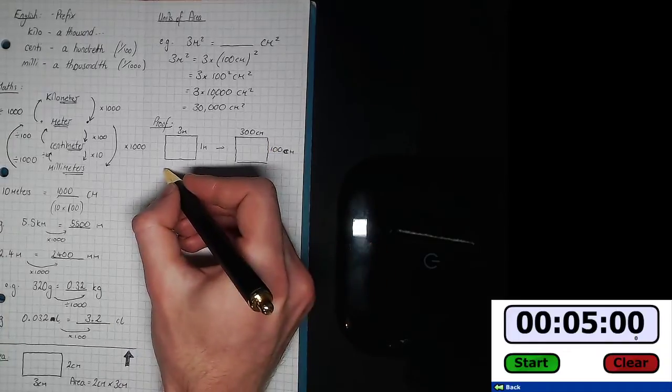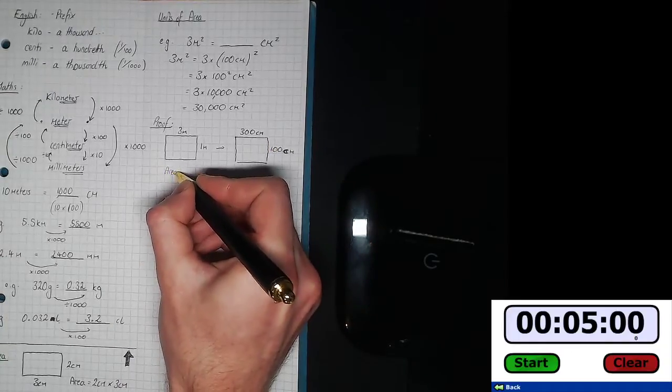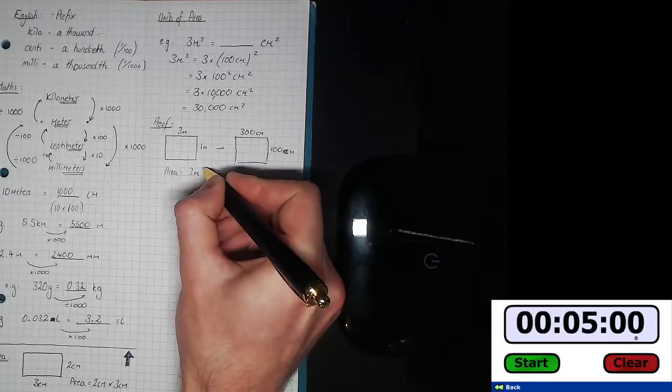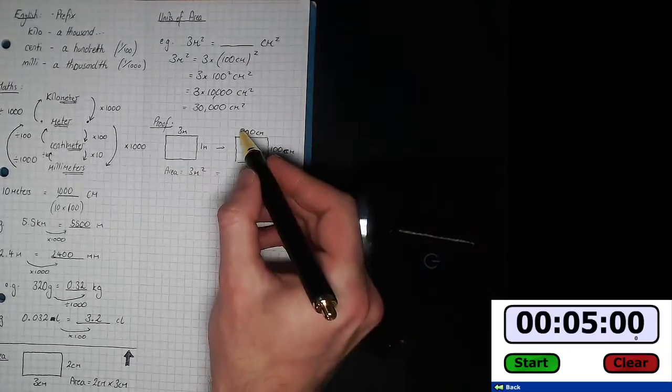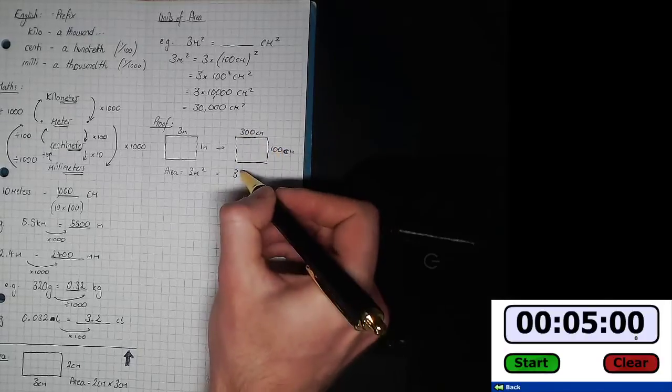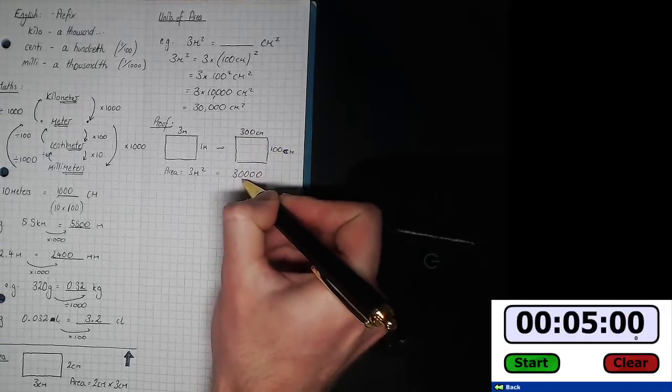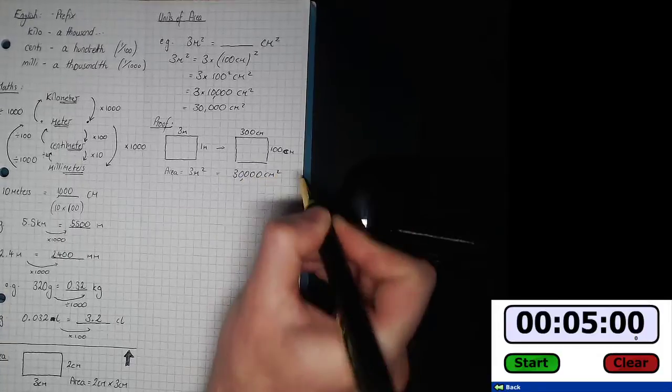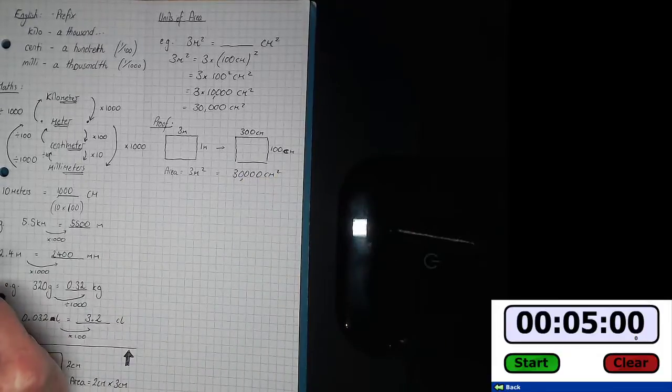Now, the area here is just going to be 3 meters squared. And the area here will be 3 times 1 is 3, then 1, 2, 3, 4 zeros. 30,000 centimeters squared.